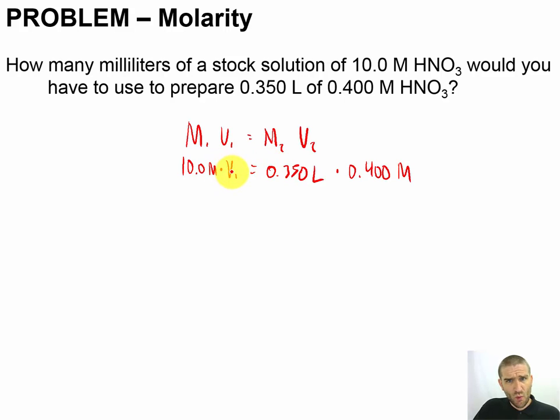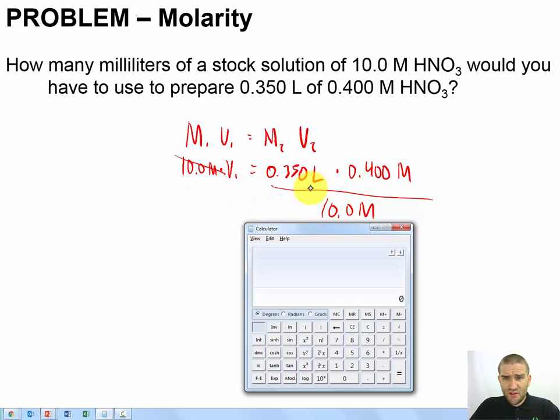So in order to get V1 by itself, I'm going to go ahead and bring 10.0 molar over to this side. So I'm just going to rearrange the equation. So we're ready to grab our calculator, and we can just go ahead and solve for the volume needed. Okay, so let's do that right now.